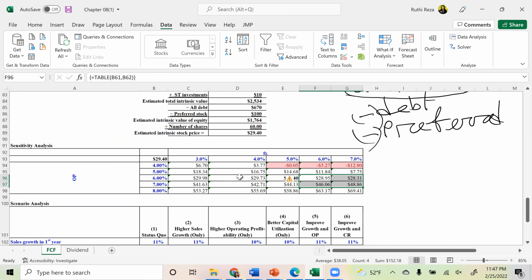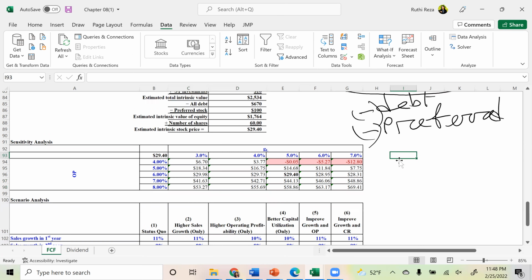The same way as growth rate goes down, as you can see here, stock price also goes down. On the other hand, for operating profitability ratio, you can see here, as operating profitability goes down, stock price goes down. As operating profitability goes up, stock price goes up. So the intrinsic stock price has positive sensitivity to both long-term growth rate in the free cash flow to the firm and operating profitability ratio.